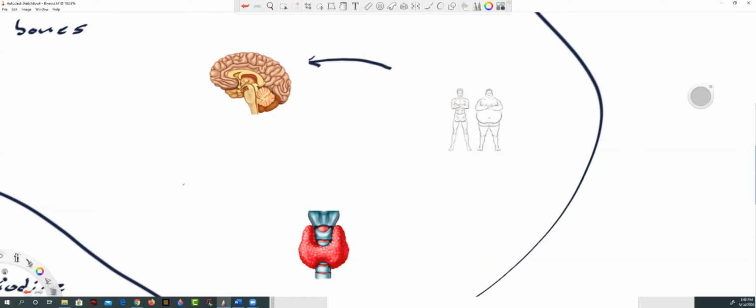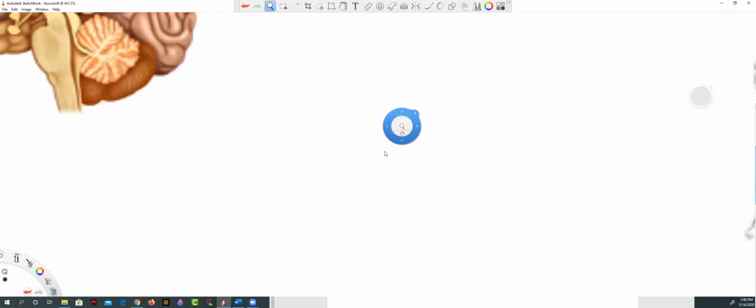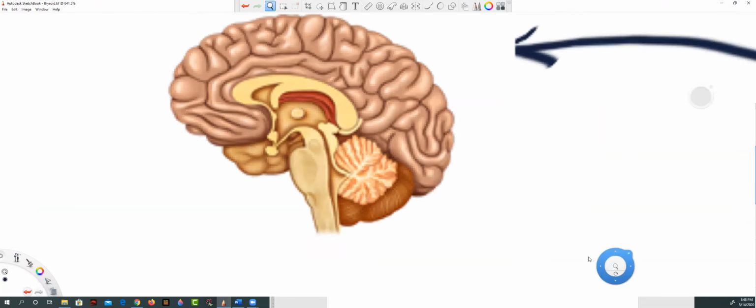The brain, the hypothalamus, and if we'll just quickly zoom in, just as a reminder, I still zoomed in a little too much. Well, I found my brain. Hypothalamus, that structure right there. Pituitary gland, this structure right here.